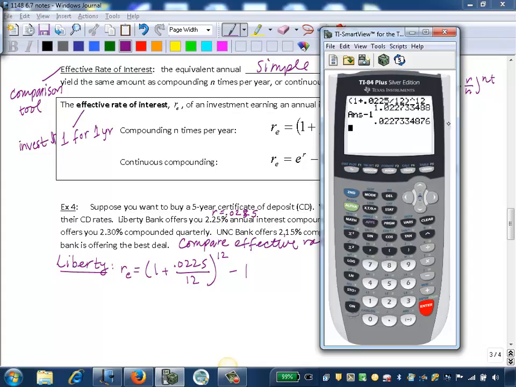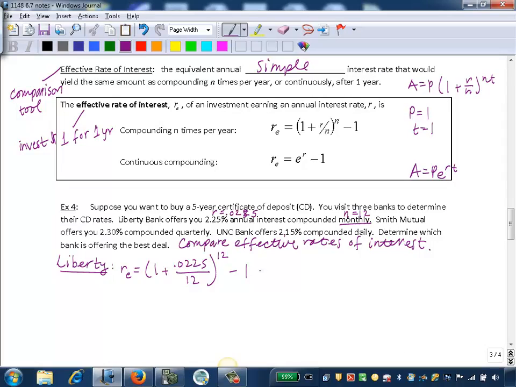So the interest that we would earn, we'll approximate as 0.0227, and we know that that is 2.27%. So if we convert this annual interest rate, 2.25 compounded monthly, into its effective rate of interest, that's equivalent to 2.27% if we invested that $1 for 1 year.